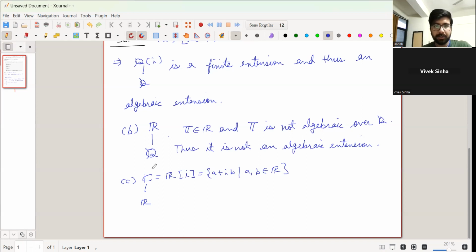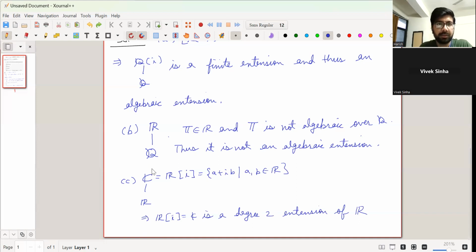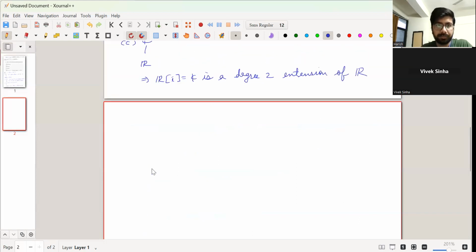This implies R(i), that is C, is a degree 2 extension of R, which implies C over R is an algebraic extension. Clear?